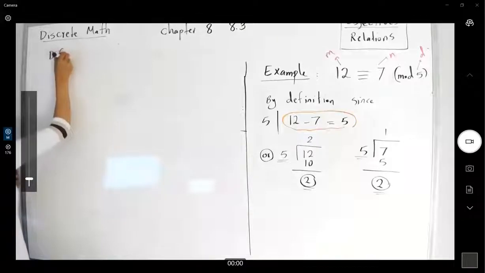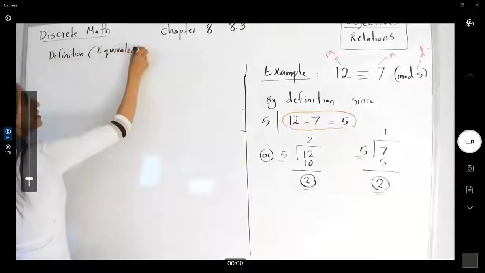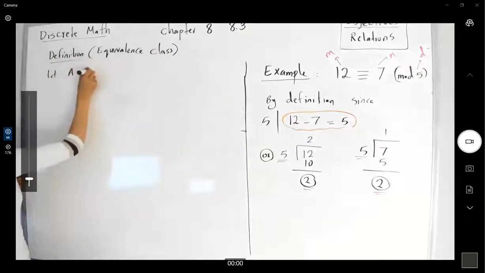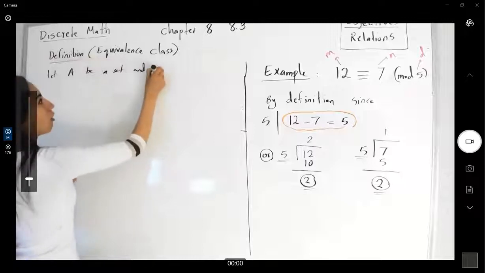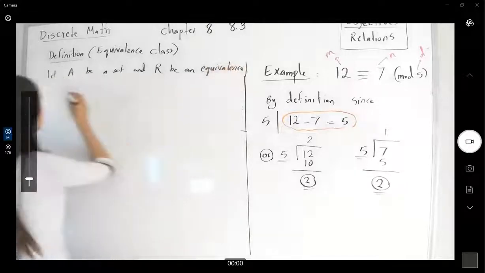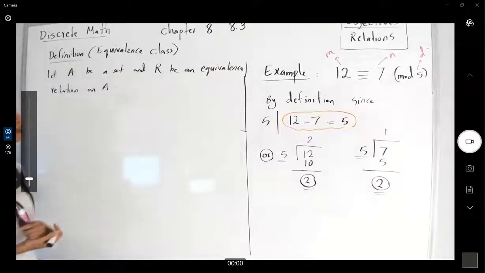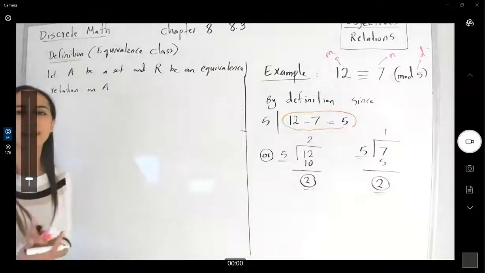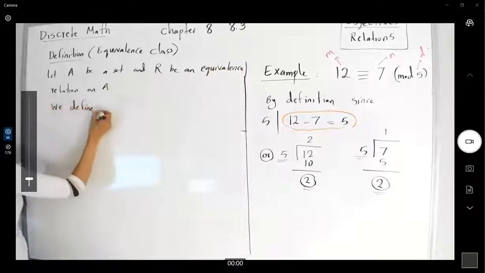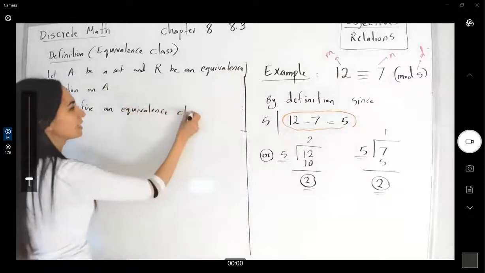Definition of equivalence class. So let A be a set and R be an equivalence relation on A. Okay, we define an equivalence class this way.